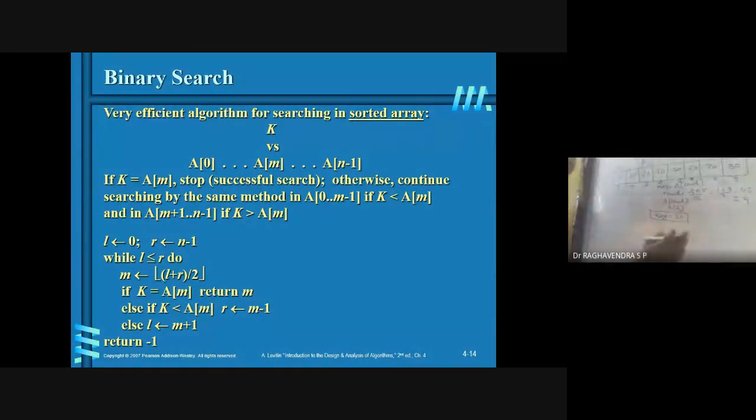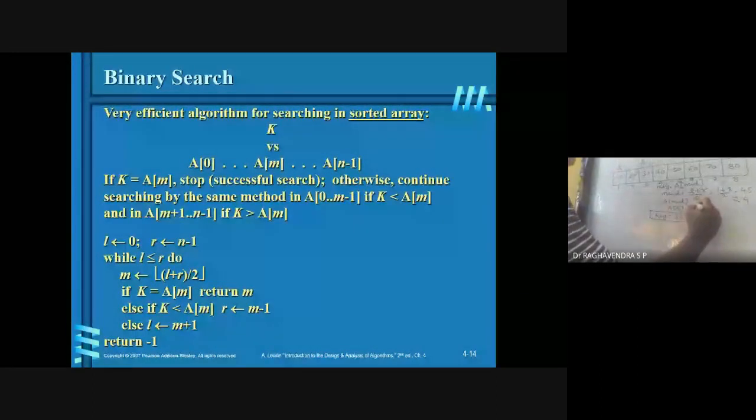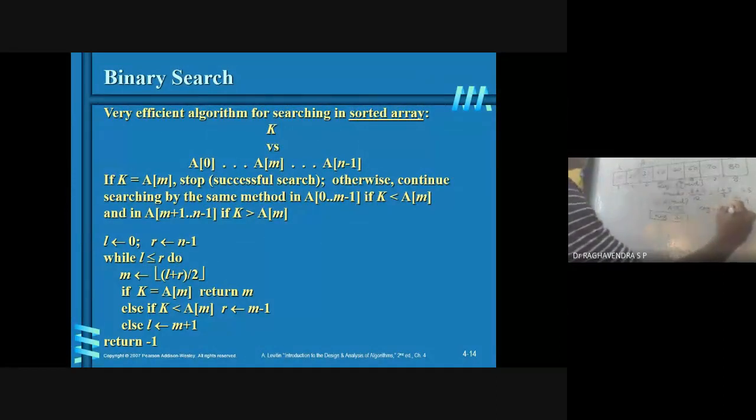Since the first comparison is whether key is equal to A of mid, suppose the key value is 30, is 30 equal to A of mid? The mid value is 4, which is 40. So 30 is not equal to 40. That is why the first step is unsuccessful.